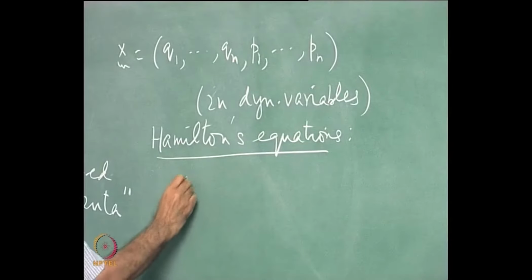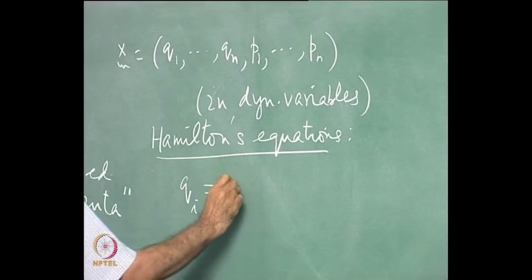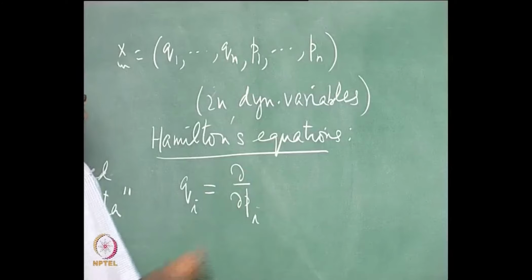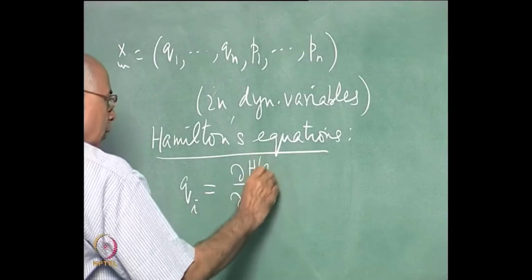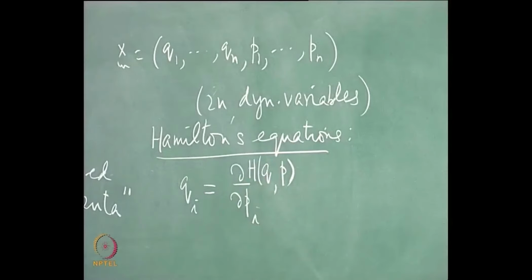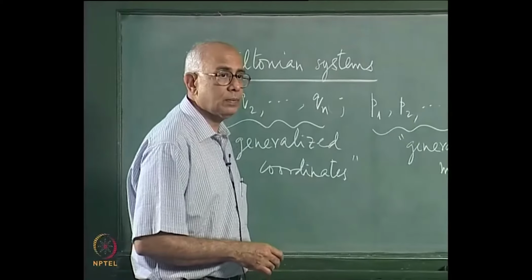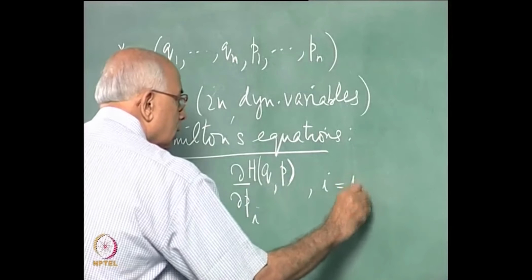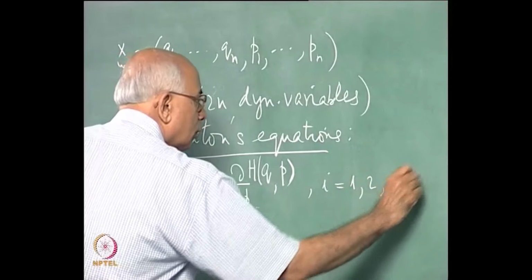and they read as follows: qi dot is the partial derivative with respect to pi of a certain scalar function H of all the q's and p's in general, and let me abbreviate that by just writing it as H(q,p). That stands for all 2n variables in general, and this is true for each i from 1 to n.